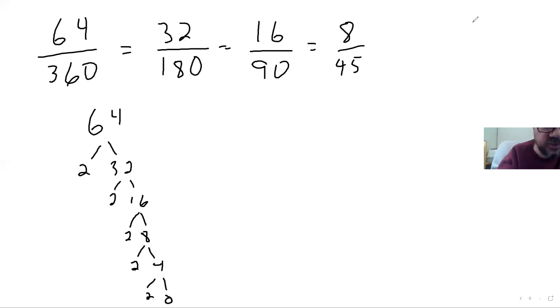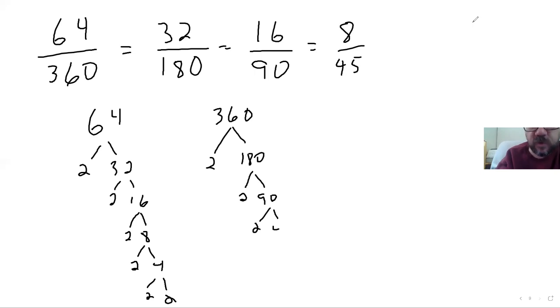All right, so 64 is just a bunch of 2s. 360, I can take 2 out of that, and that leaves me 180. And 2 out of that leaves me 90. And 2 out of that leaves me 45. And 45 doesn't have any more 2s in it. It's 5 times 9, but the smallest thing that goes in is 3, and it leaves me 15. And 3 and 5.